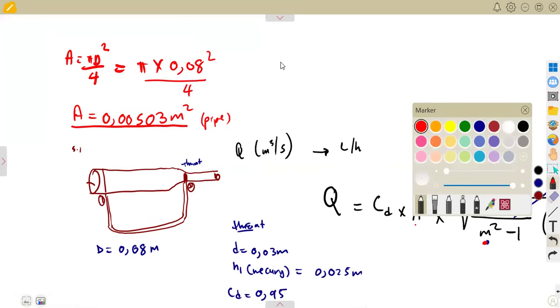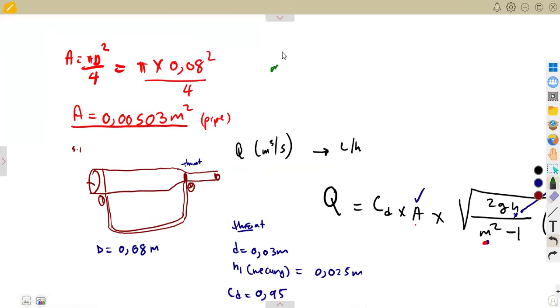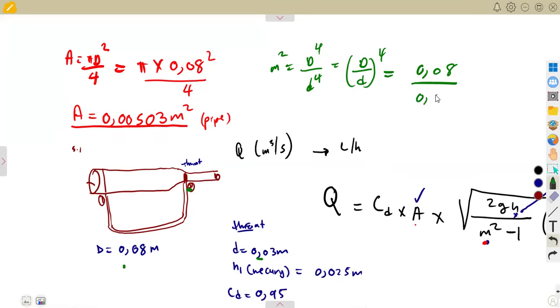And m squared is equal to the diameter of the pipe to the diameter at the throat to the power of 4. So you're just going to write it like this, d over d to the power of 4. That's the easiest way that you can just have them. So meaning to say, just going to insert the diameter of the pipe, 0.08, to the diameter at the throat, 0.03, everything to the power of 4.